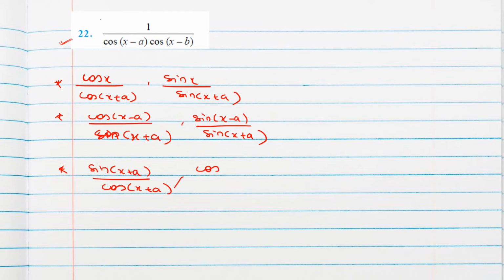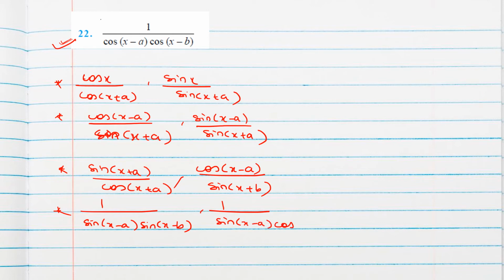Then with a different angle, meaning b is also there, suppose. Then this type will come, and in that also, both sine we can have, one sine and one cos also we can have, and one cos with the first angle, sine x minus b. This type also we can have in this particular question.